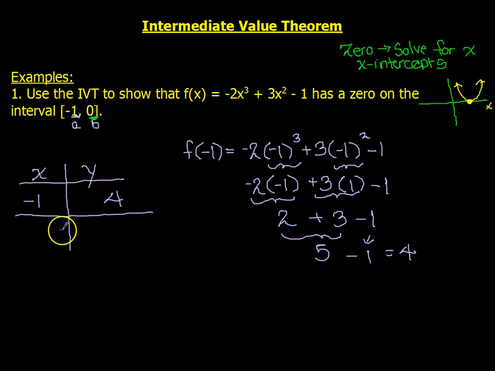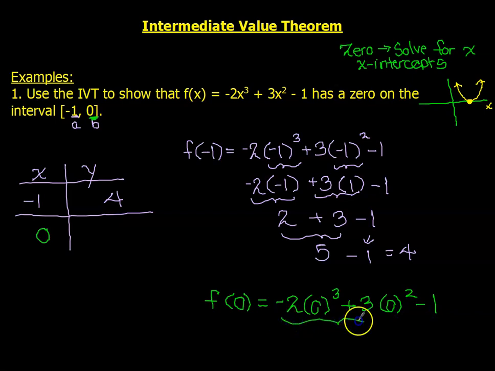So the second endpoint is at 0, and I'm going to replace all of the x's with 0. The nice thing about that is anything multiplied by 0 is just going to give me 0, no matter if I square or cube it. So this will just give me 0 minus 1, which is -1.